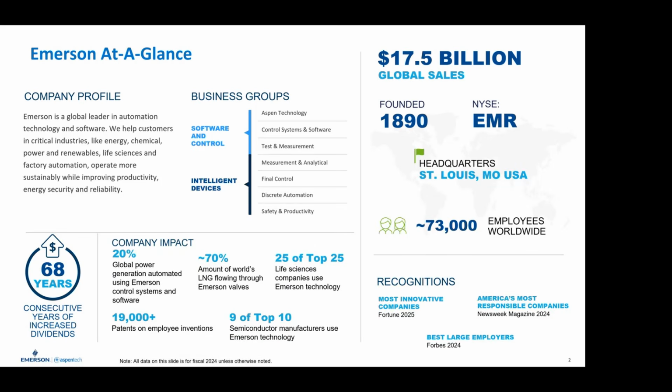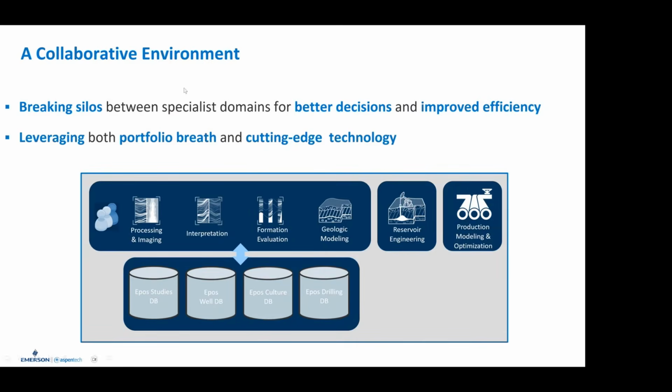They design some tools as well, but where we are is, if you see my cursor at the top here, under the AspenTech technology umbrella, which means that we are really on the software and control side. And within AspenTech, we are basically the subsurface engineering.